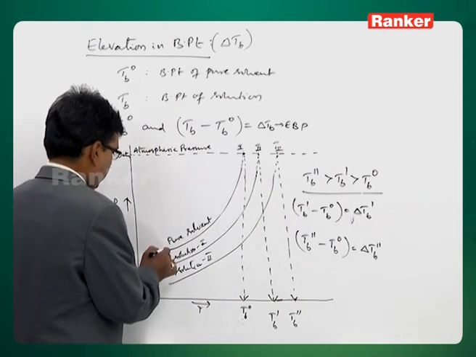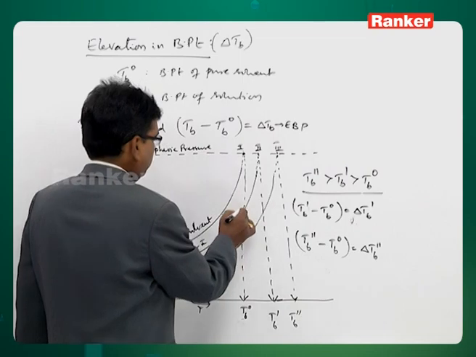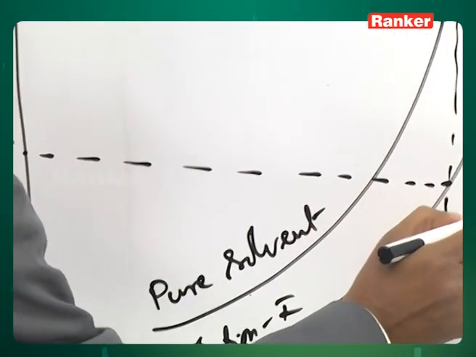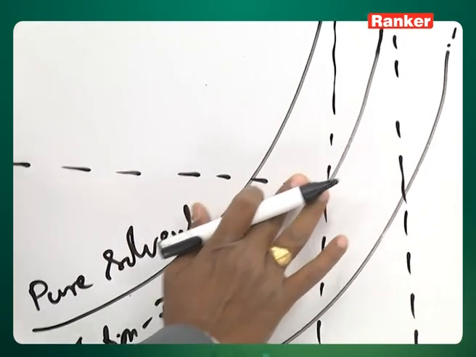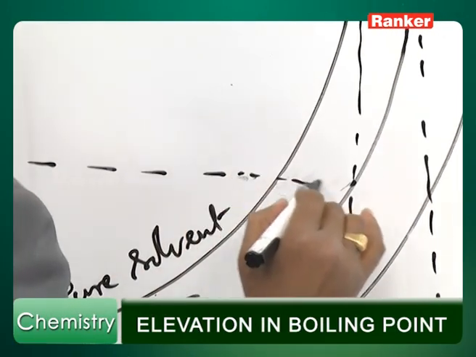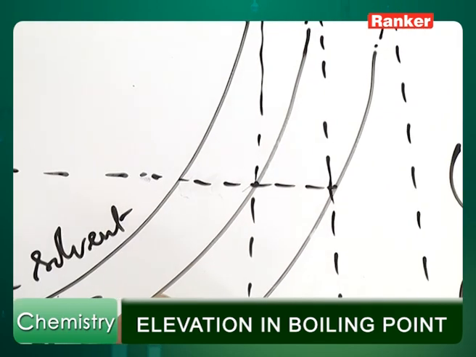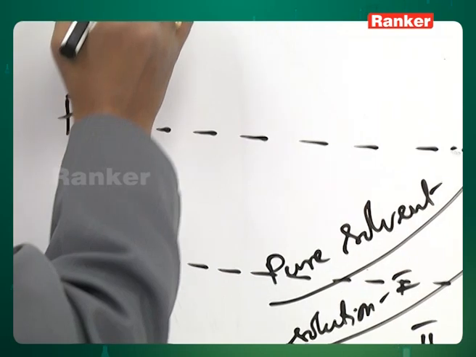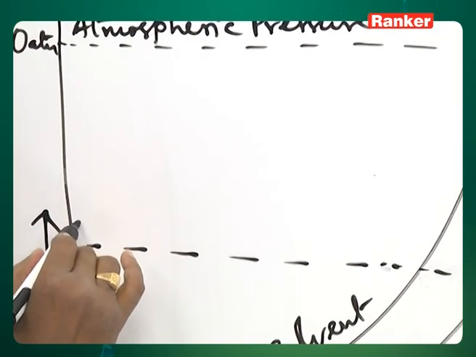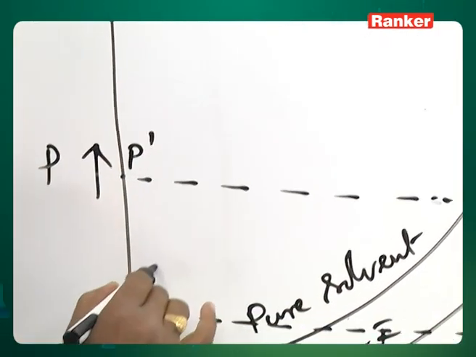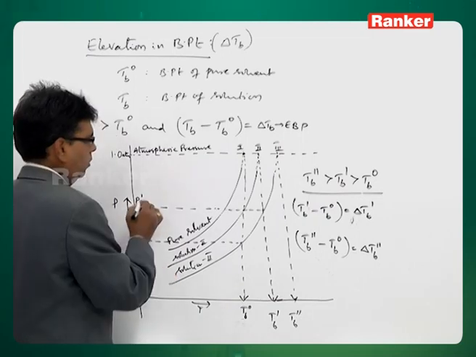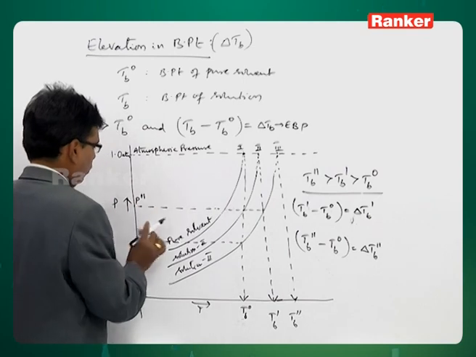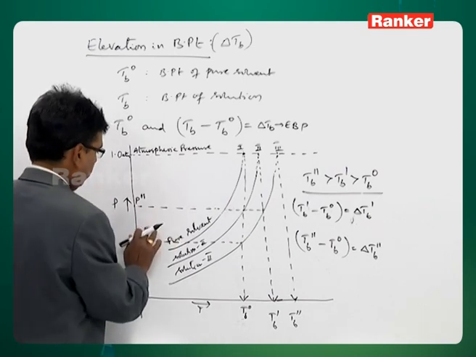If you look at the corresponding pressures, this is P naught, this is P dash, and this is P double dash, right? This is for pure solvent, this is for solution 2, this is for solution 1.